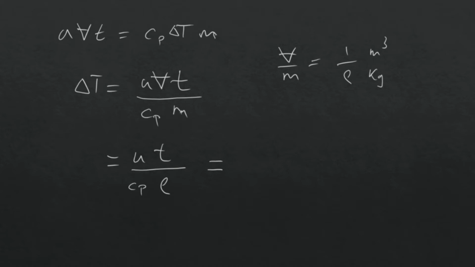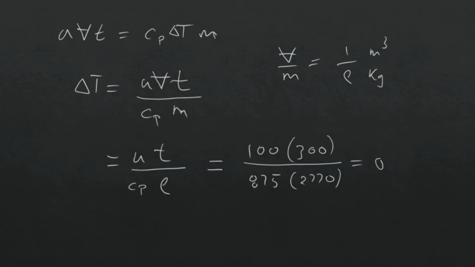And so if we're looking at an internal heat generation of 100 and we look at 300 seconds and we're saying Cp is 875 joules per kilogram degree C and density is 2770, then that should tell us that our change in temperature should be about 0.012 degrees C.